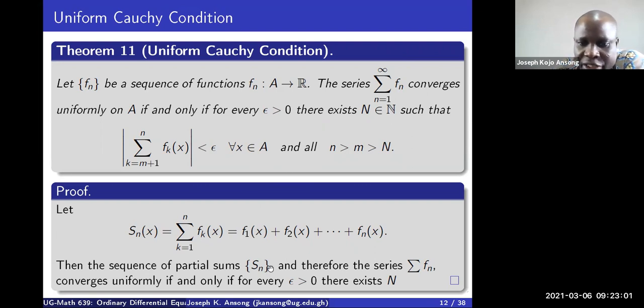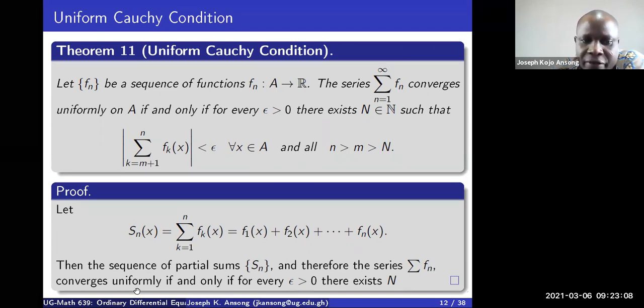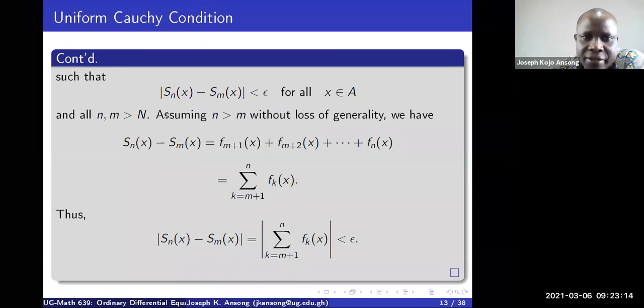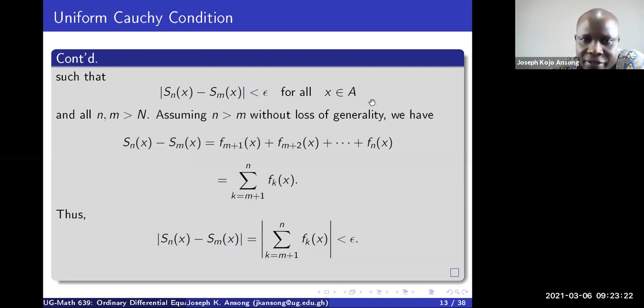Then the sequence of partial sums S_n, and therefore the series here, converges uniformly if and only if for every epsilon greater than 0, there is an N such that the difference between S_n(x) and S_m(x) is less than epsilon for all x in A and all n, m greater than N. Okay? So what I've just said is a rephrasing.